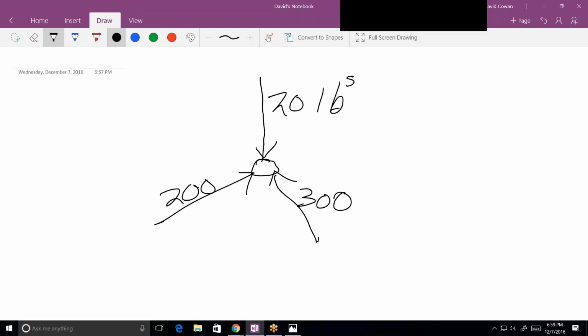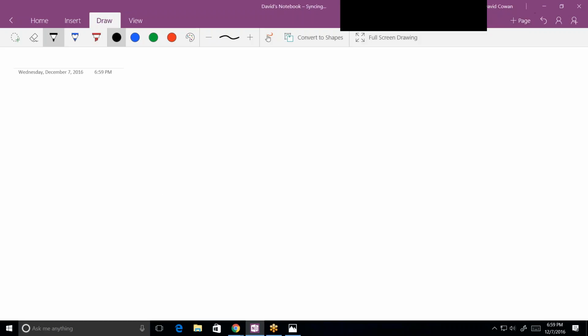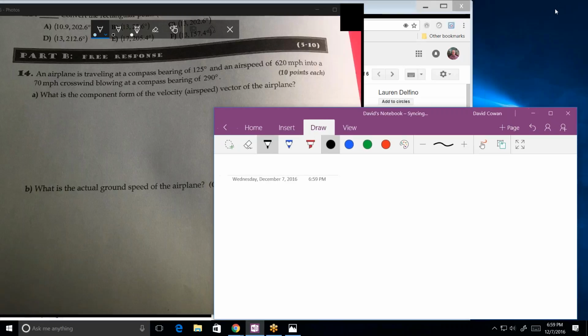So this problem is a little different in the fact that the ball's not moving, and therefore the horizontal components have to be totally counterbalancing one another, and the vertical components have to be totally counterbalancing that 20-pound vertical force. So that's the essence of vector equations whenever you're combining vectors.